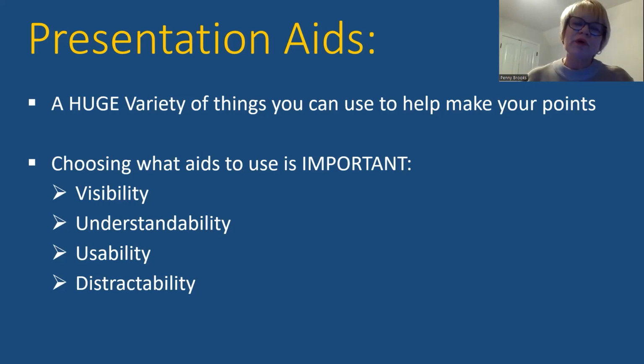So for our purposes, because you're going to be recording it and showing it on a screen, visual aid is pretty much where we're at. Read the chapter, there's a huge variety of things you can use to help make your points, but don't just go for the easiest thing and say, I'm going to do a speech on how to use a mouse because it's right here.